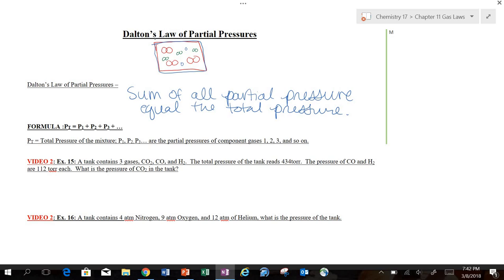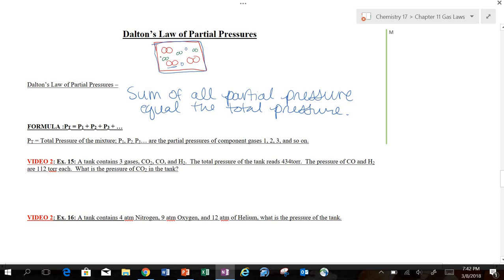Remember that pressure is measured by the force that these molecules hit the wall of the container with. So they're all going to have slightly different pressures because they're moving at slightly different speeds and have different masses. For example, maybe the red ones have a larger mass, the green ones a little smaller, and the blue ones even smaller.